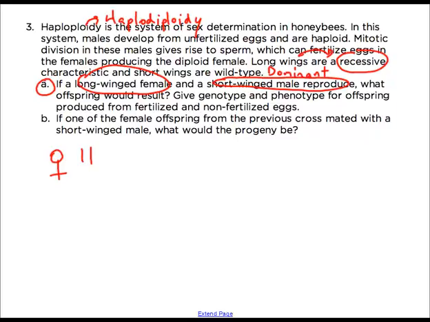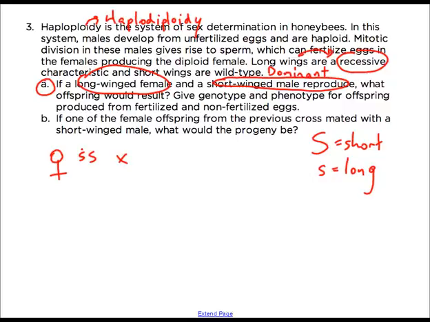I just realized the proper convention is to usually use the letter for the dominant trait. So let's say that big S equals short, little s equals long. So instead of being little l, she'll be little s. That's the convention that Mendel used with the pea plants anyway.